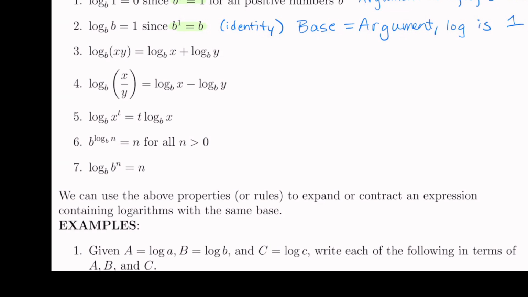These next two make sense if you consider exponent rules. When we multiply two exponents together, b to the x times b to the y is b to the x plus y.